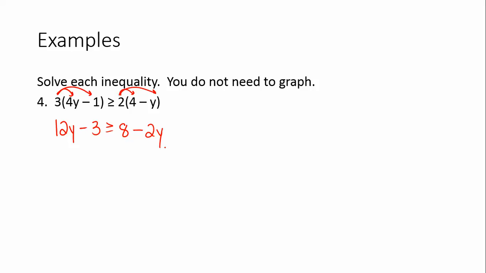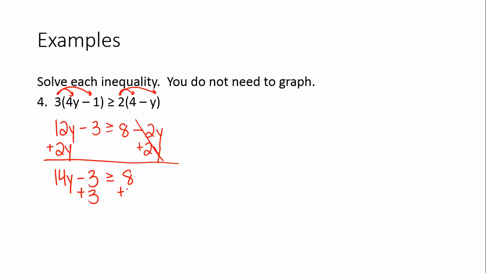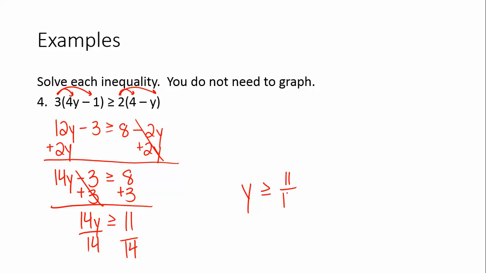Make sure you have your signs correct. 12y and a negative 2y, so I'm going to add the 2y over to the left. That gives me 14y minus 3 greater than or equal to 8. Now I'm going to add 3 back over to the right. 14y greater than or equal to 11. We divide both sides by 14, and we get that y is greater than or equal to 11 over 14.